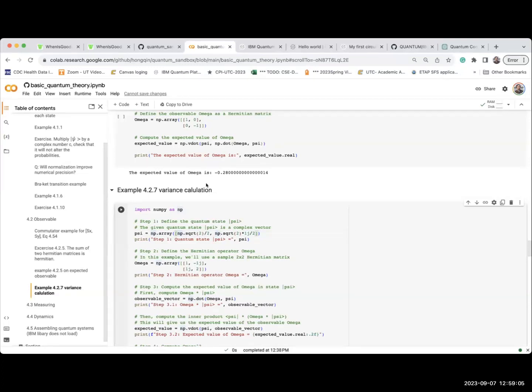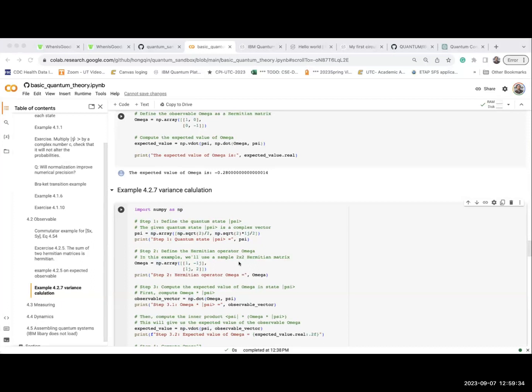I think that's built on 4.2.5. Let me double check. Example 4.2.7. Yes, basically using the same psi and omega.